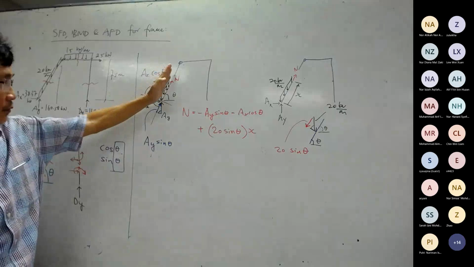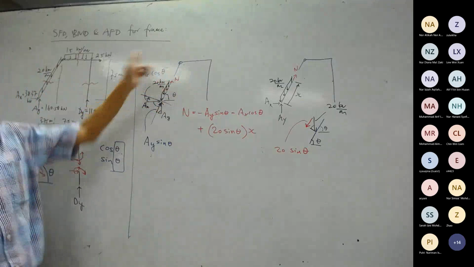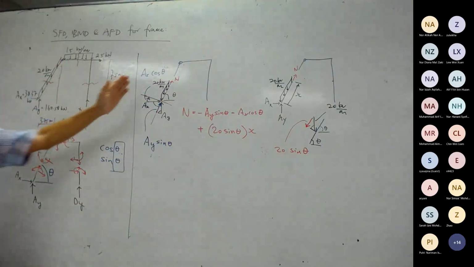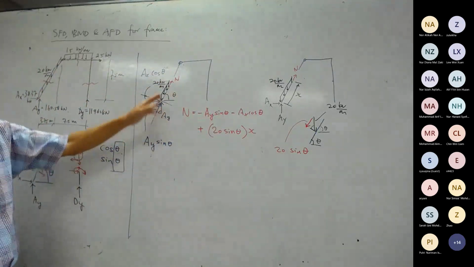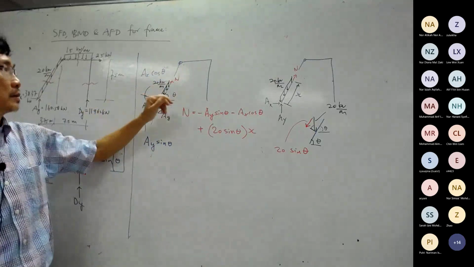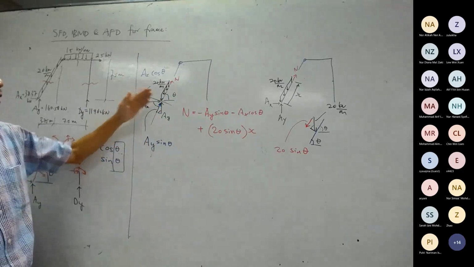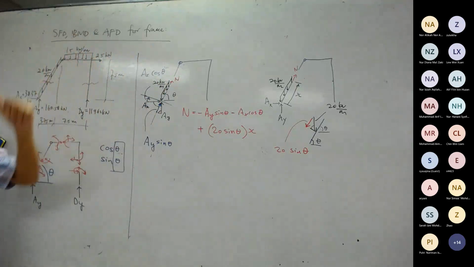If it is inclined, then it follows: axial force along the member, shear force perpendicular, and bending moment is either clockwise or counterclockwise, depending on which side you are using. Then, when we want to get this end of this member, all the forces here must be converted into the component in that directions.